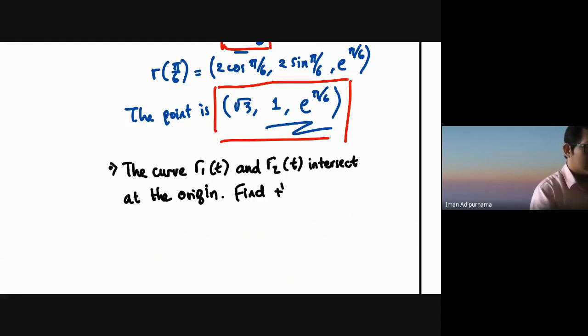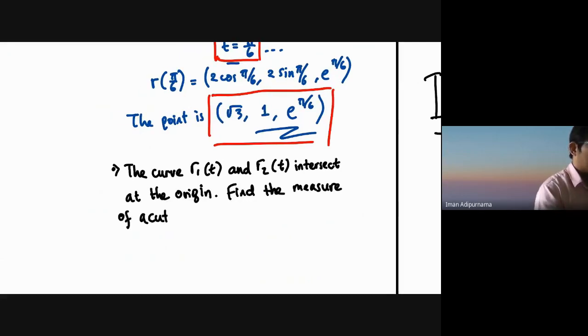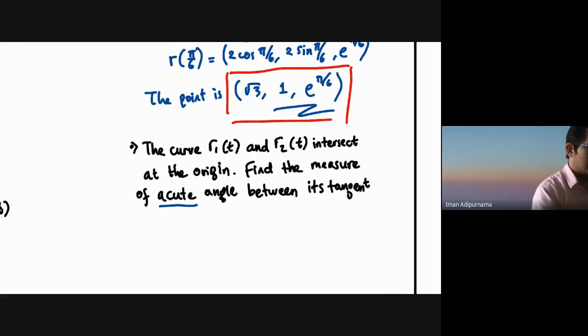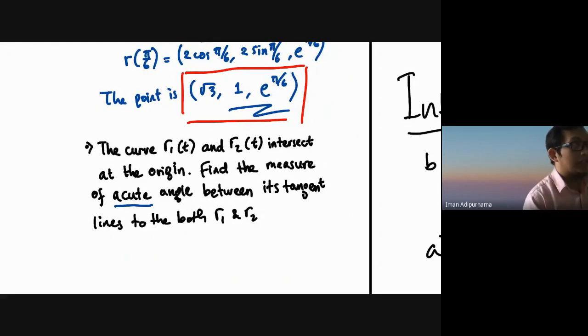Find the measure of acute angle between its tangent lines to both R1 and R2, which means it's actually saying that the angle is in between its tangent, okay?